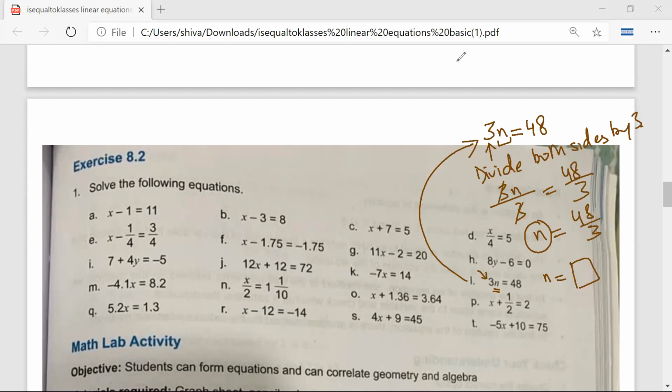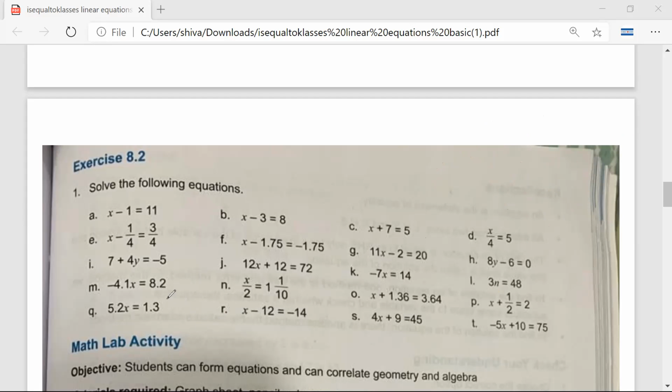No, sir. For example, let us take a similar example. 5.2x is equal to 1.3. What your textbook is saying is that I want to isolate x. So how can I isolate x, Mr. Sarthak? What should I do? Divide both sides by 5.2.